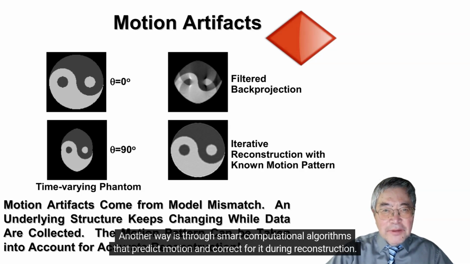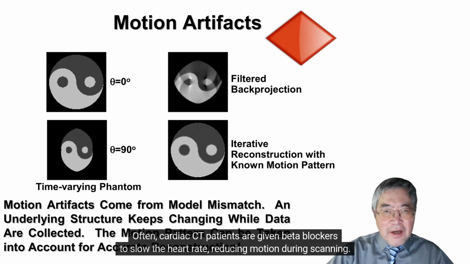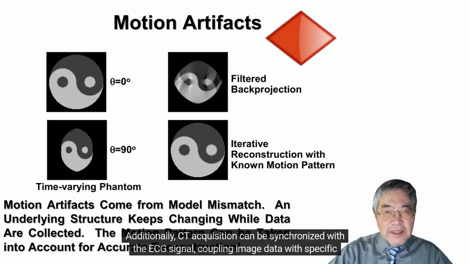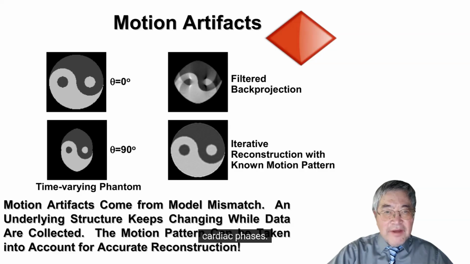Another way is through smart computational algorithms that predict motion and correct for it during reconstruction. Often, cardiac CT patients are given beta blockers to slow the heart rate, reducing motion during scanning. Additionally, CT acquisition can be synchronized with the ECG signal, coupling image data with specific cardiac phases.